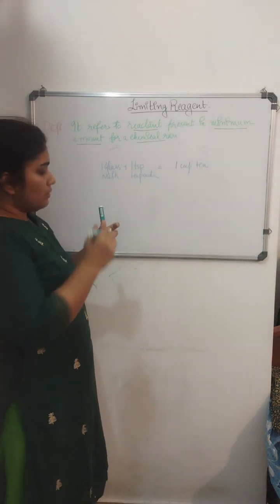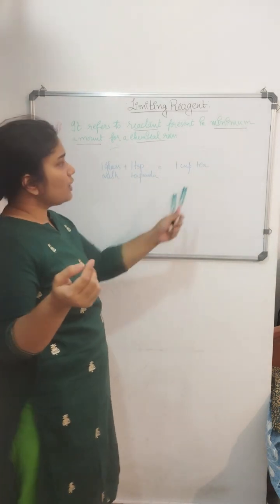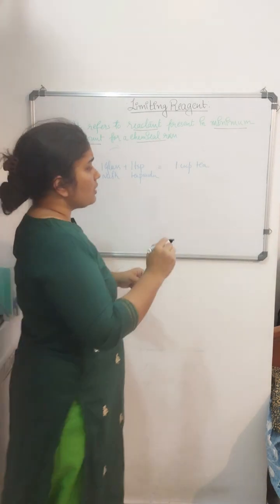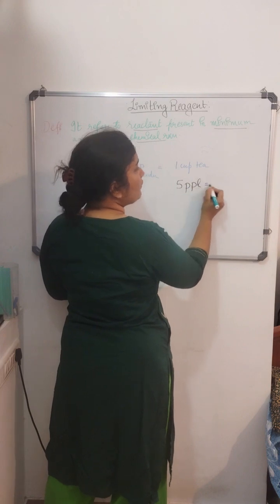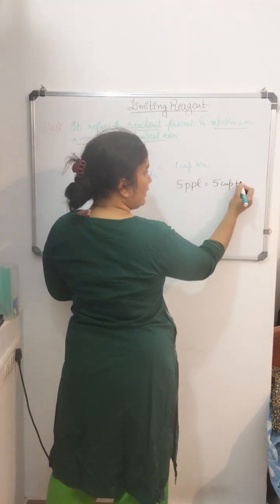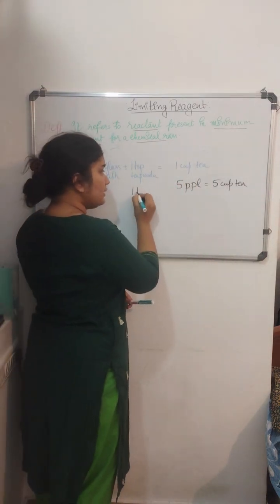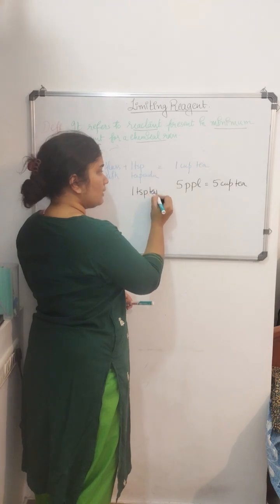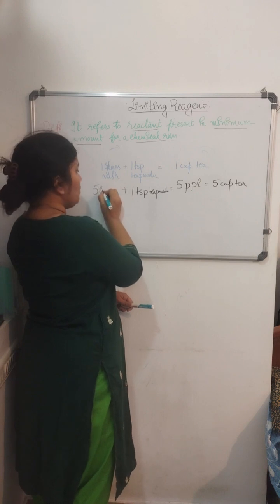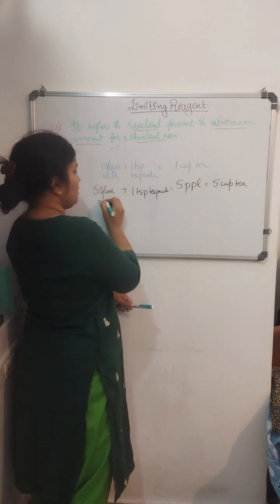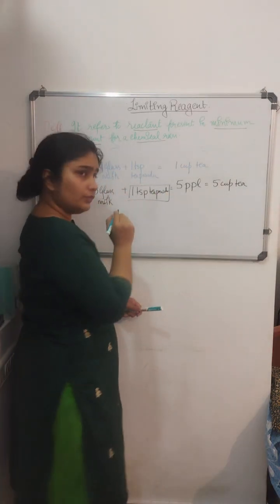Now suppose I have 1 person at home, so I make 1 cup of tea. Suppose some other day I get 5 people at home. There are 5 people, so I have to make 5 cups of tea. And I only have 1 tablespoon of tea powder, but I have 5 glasses of milk. I have a sufficient amount of milk, but only 1 tablespoon of tea powder.